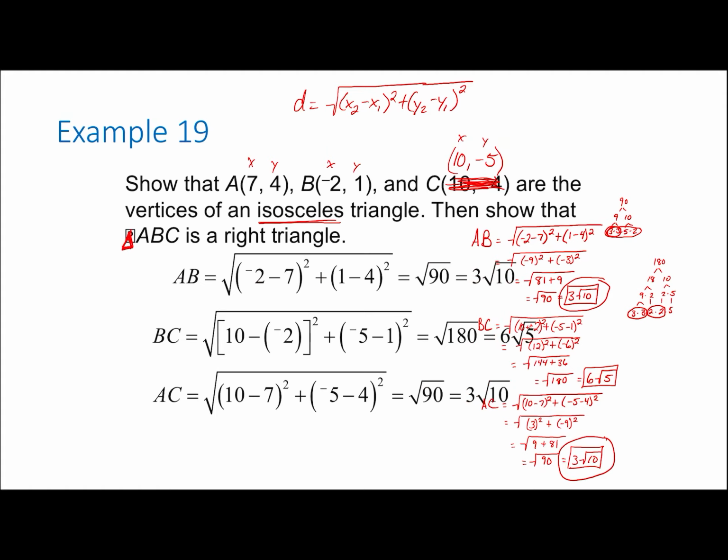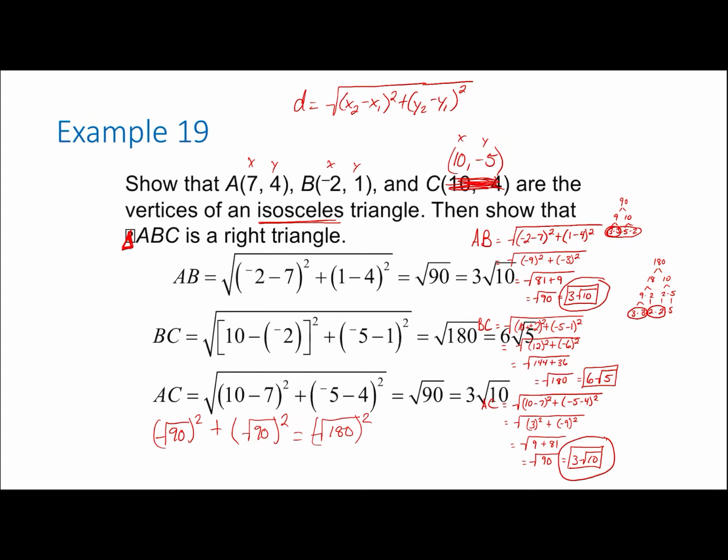So in our Pythagorean theorem, a squared is going to be the square root of 90 squared plus b squared, which is the other square root of 90 squared. And it should be equal to the square root of 180 squared.